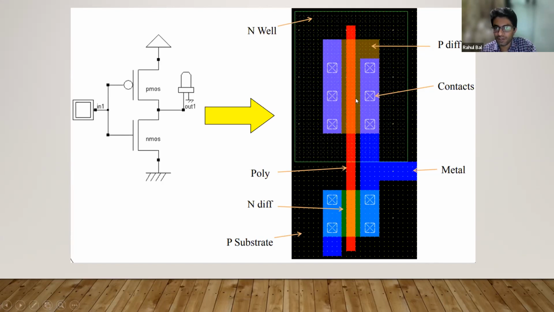The upper is the yellow color, which indicates the P diffusion, and the green color indicates the N diffusion. The connection between these can be done by using blue color metal, and these white colors are called contacts. So the same circuit will look like this in the software. After this we will go to the software and implement the circuits there.